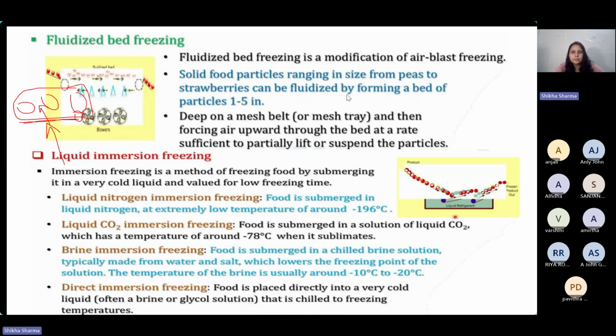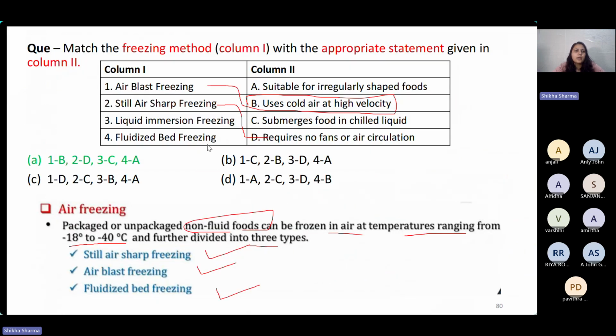This food will form the fluidized bed of particles, because the forced air coming from the bottom lifts the particles based on their density. So it is suitable for irregularly shaped food products.